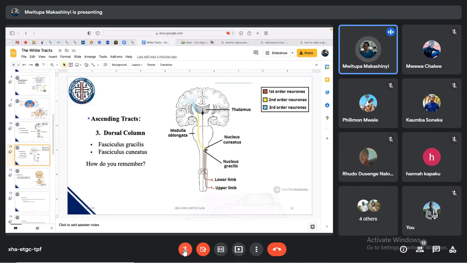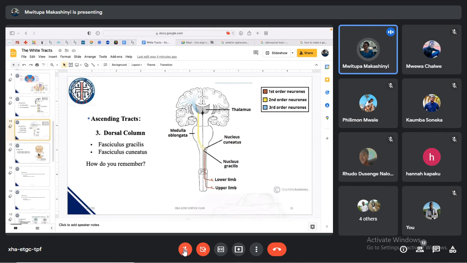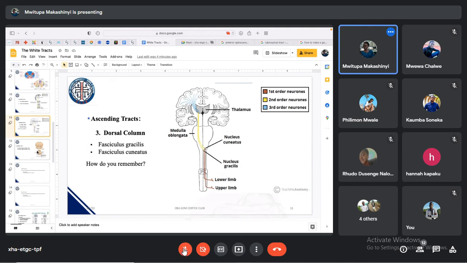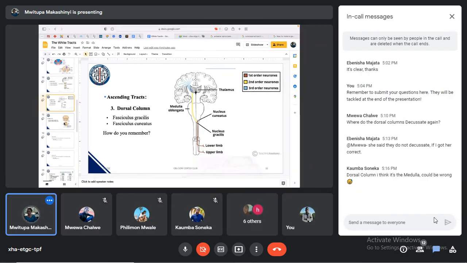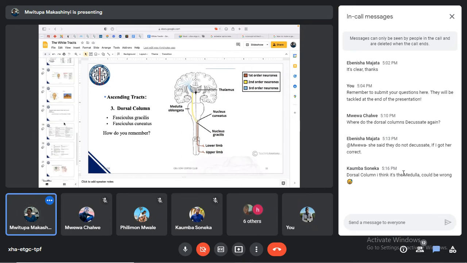So it said something about how in the medulla here, but this diagram probably isn't the best one because here in the medulla it's already decussated. But it said something about how in the medulla that's where the decussation is. So I don't know if the response to the question in the chat box is similar.